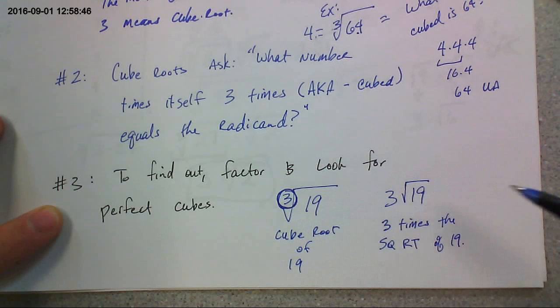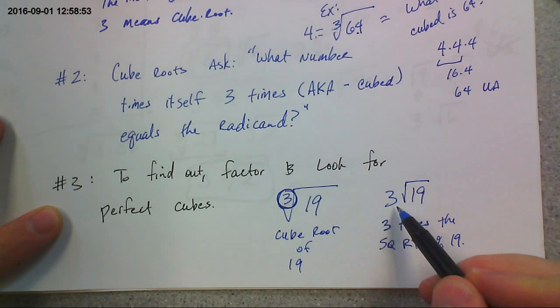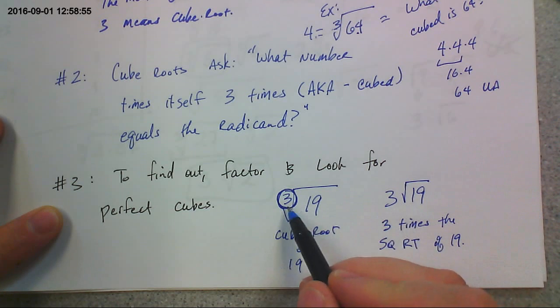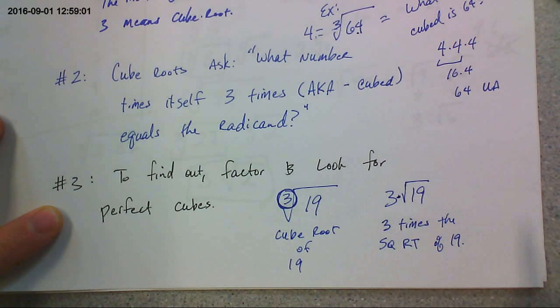So here's the difference. Yeah, look. So you see how the 3's in front right here? 3's not in front right here, it's in the little pocket. So it's going to be 3 times. So this means 3 times the square root of 19. There's really an invisible 2 right there. You guys see the difference now? I drew it, but it would be right there in the pocket. It's not really called a pocket, but that's what I'm calling it for right now.